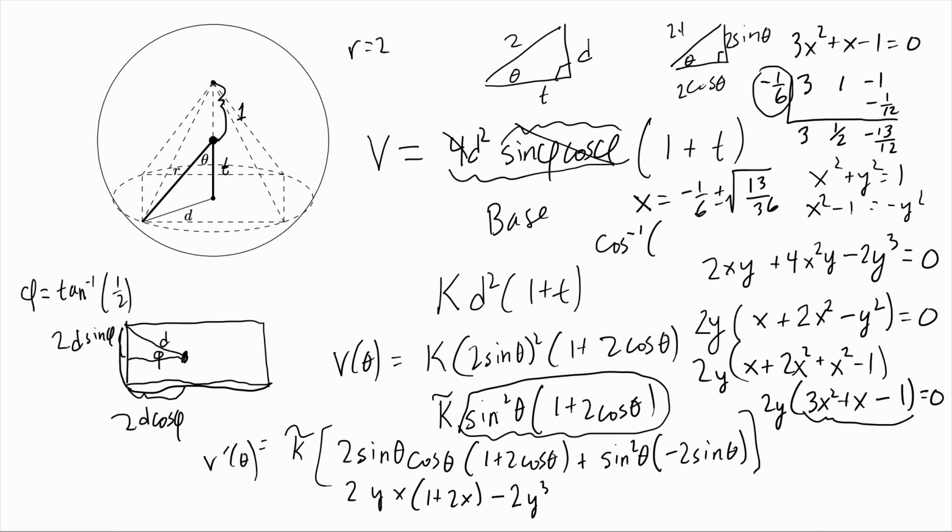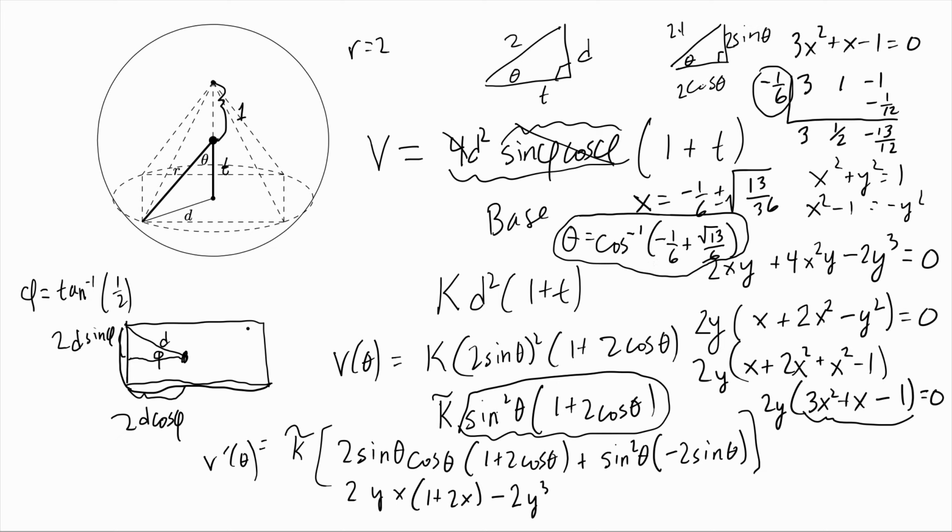And so negative 6 plus that, yeah, you're going to be positive, and that looks like what we want. So it's going to be cosine inverse of negative 6 plus, and we can write it this way, square root of 13 over 6. And that's what theta should be equal to in order to get a maximum pyramid according to our specifications.